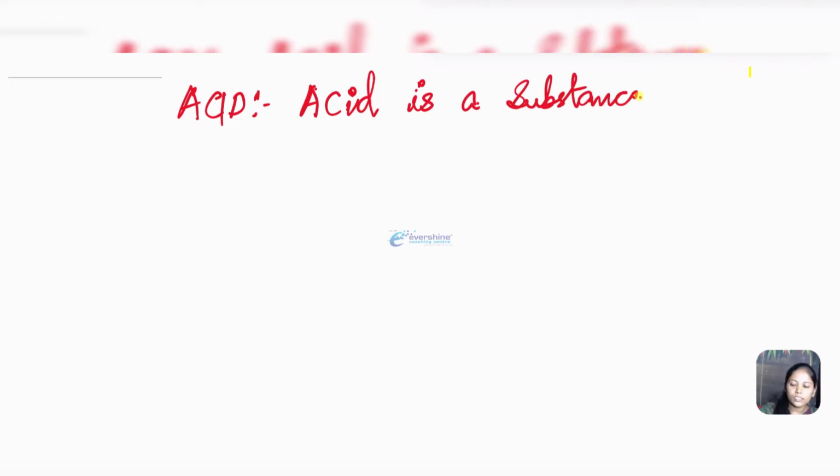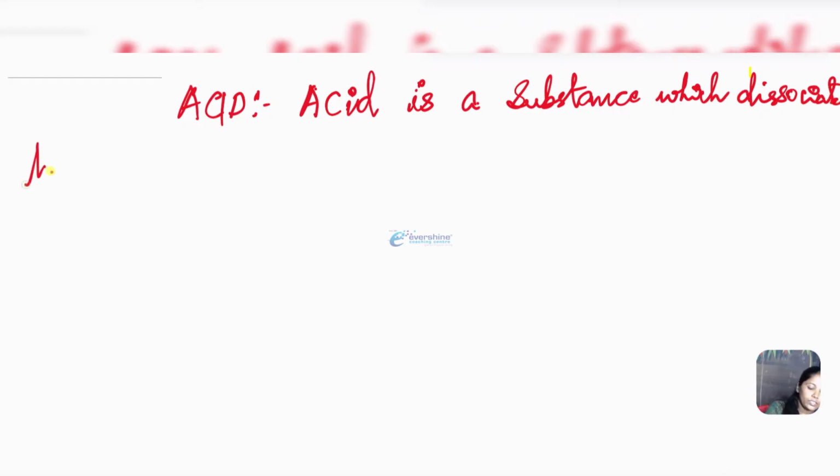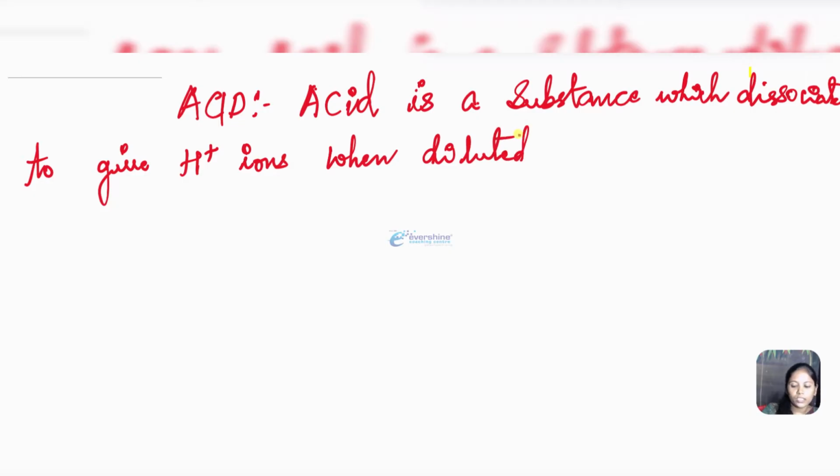Please take down: acid is a substance which dissociates to give H plus ions when diluted.